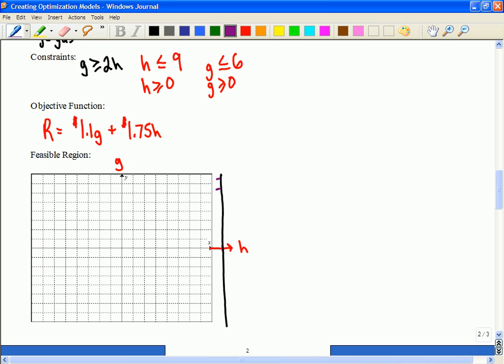And it's got to be this side, the smaller than side. And the gas has to be less than or equal to 6. So 1, 2, 3, 4, 5, 6. And it has to be below that line because it's less than or equal.